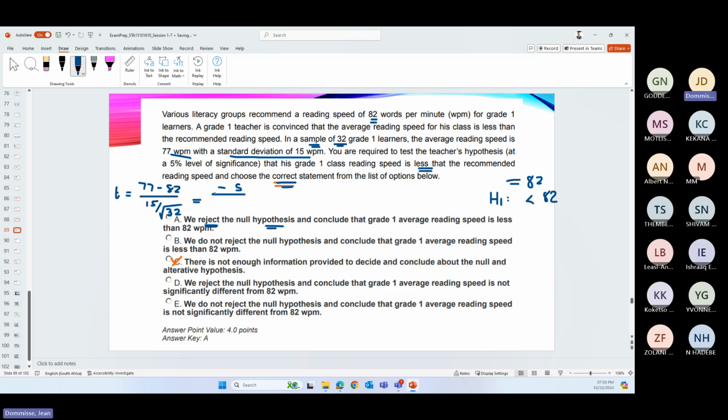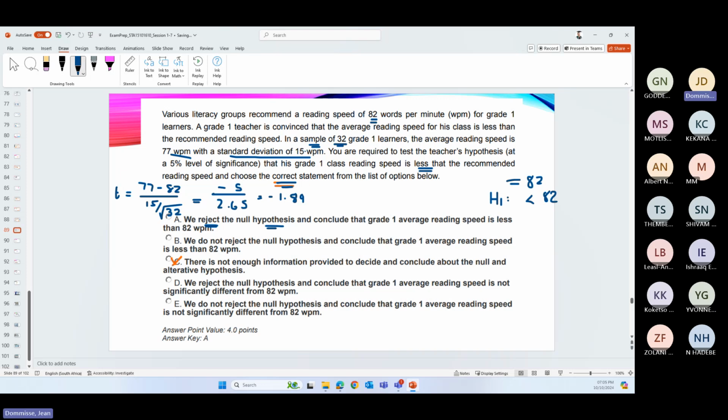Yes, so just please check that I'm working it out correctly. I've got that I must divide minus 5 by 2,65. So that what I get is minus 1,89.